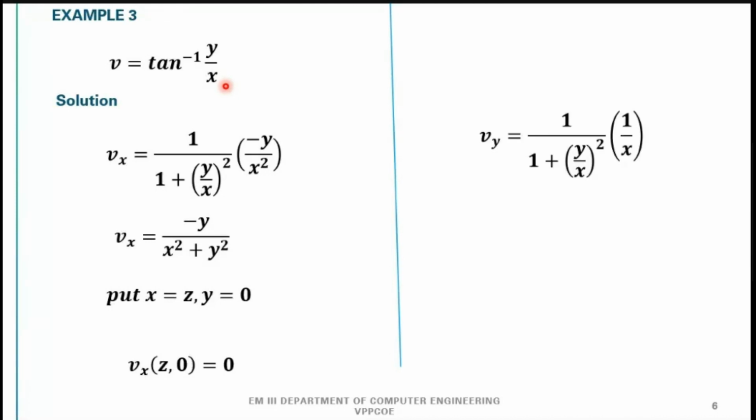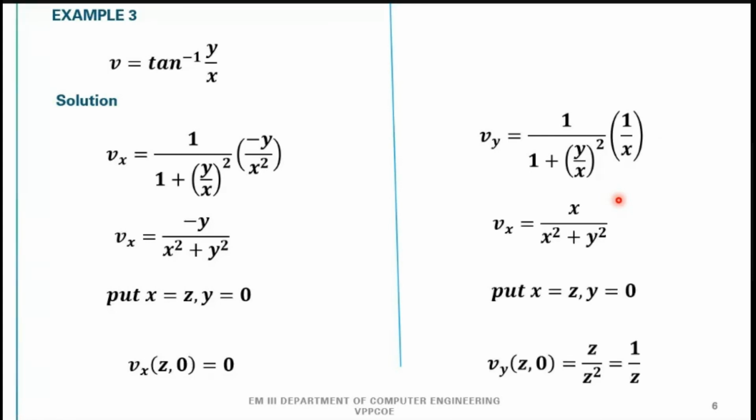So when I differentiate vy, the first term will remain the same. Derivative of y by x with respect to y will become 1 by x, because 1 by x is a constant. Derivative of y will become 1. Now put x is equal to z, y equal to 0. When I put x is equal to z, y equal to 0, z upon z square is equal to 1 upon z.